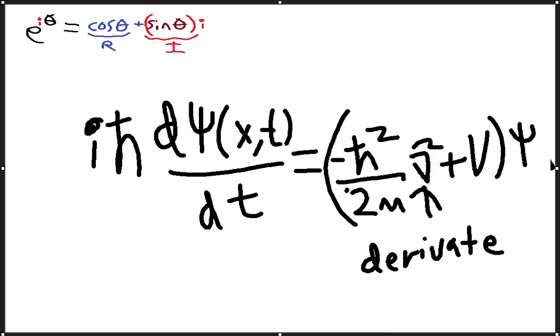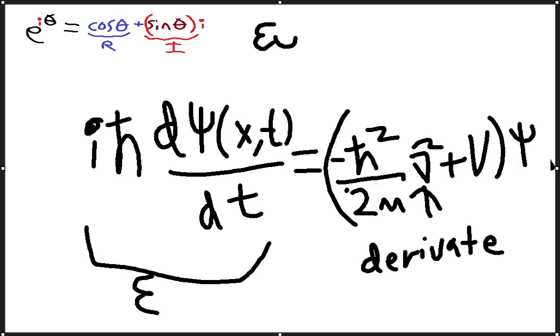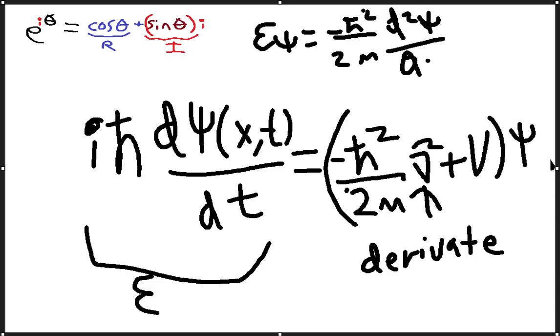because you might recall this bit is related to the energy of the particle. If we recall that the energy of psi is equal to the second derivative, well, actually, this bit of negative h bar squared over 2m times the second derivative of psi with respect to x plus V psi.